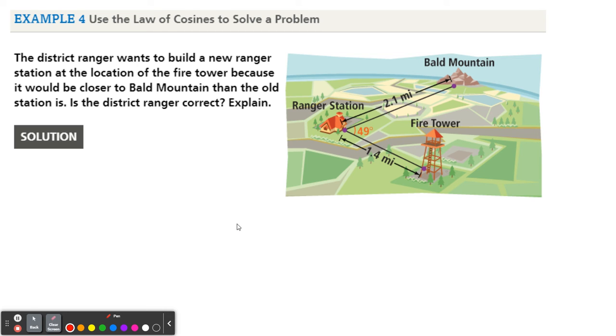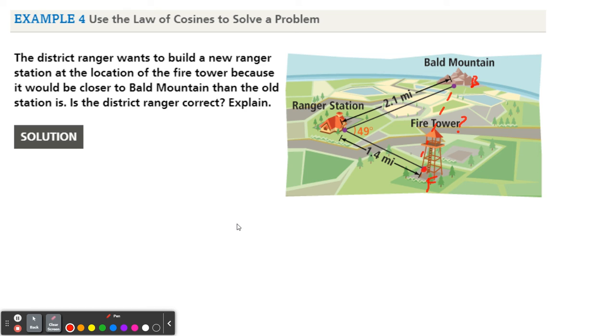So here is the fire tower. He wants to put a new ranger station at this location here. The question is whether the distance from this fire tower, I'll call it F, to Bald Mountain, call it B, which we don't know, is shorter than the current ranger station to Bald Mountain, which is 2.1.